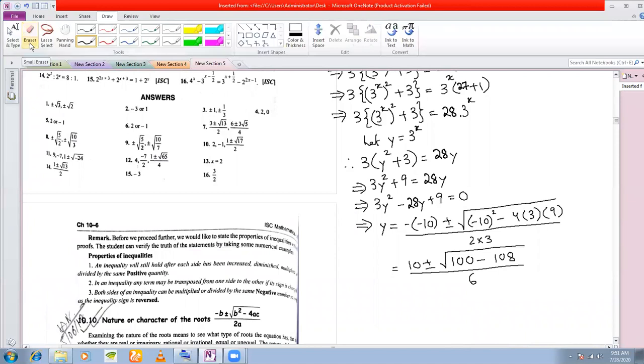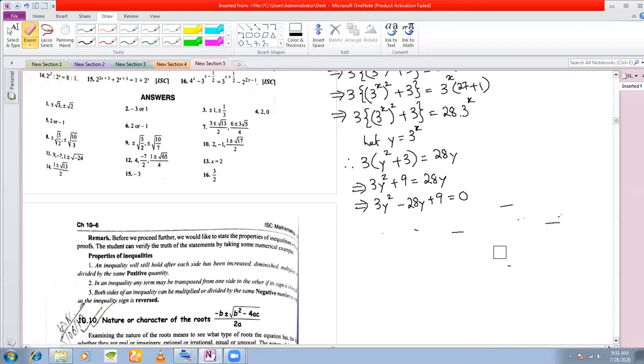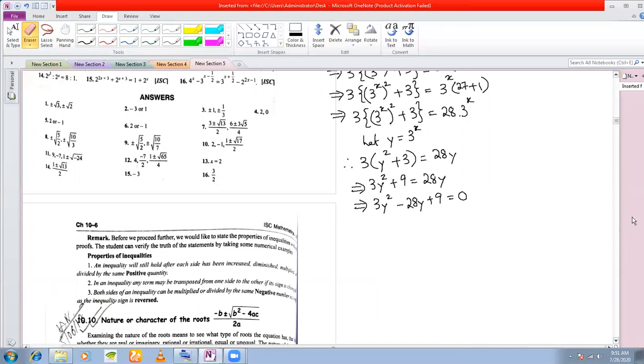We don't need to do Shridhar Acharya. That means 3y square minus 27y minus y plus 9 is equal to 0. 3y into y minus 9 minus 1 into y minus 9 equal to 0.